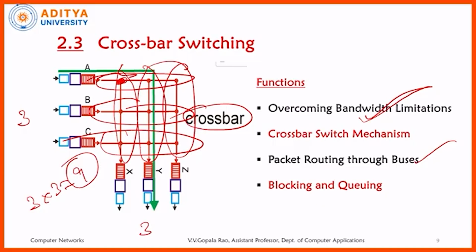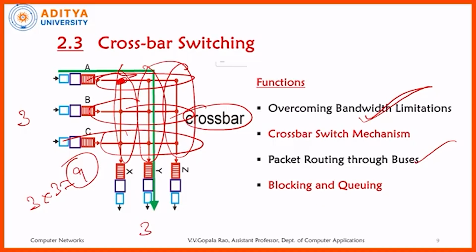That is why packet routing through buses is possible in this. Blocking and queuing is another important thing because here the input ports are releasing a number of packets. The packets can travel by taking any direction, any switch, any router, any bus, so they can travel to the other side.